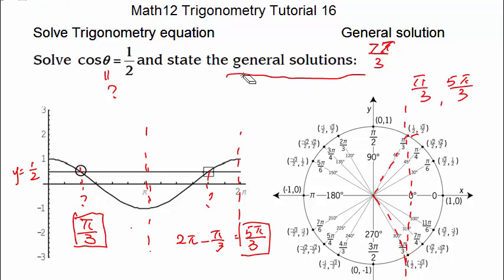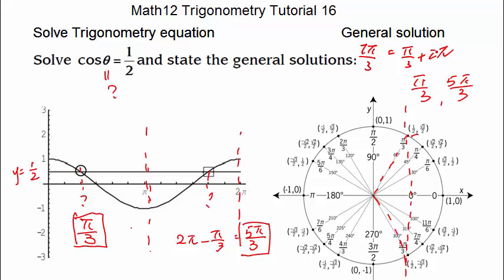So how do we include all the solutions here? So pi over 3, 5 pi over 3, pretty much think about this. Every period for cosine functions, there will be 1 point here, 1 point here, right? That means every 2 pi it is going to repeat itself. 7 pi over 3 is just equal to pi over 3 plus 2 pi, isn't it?